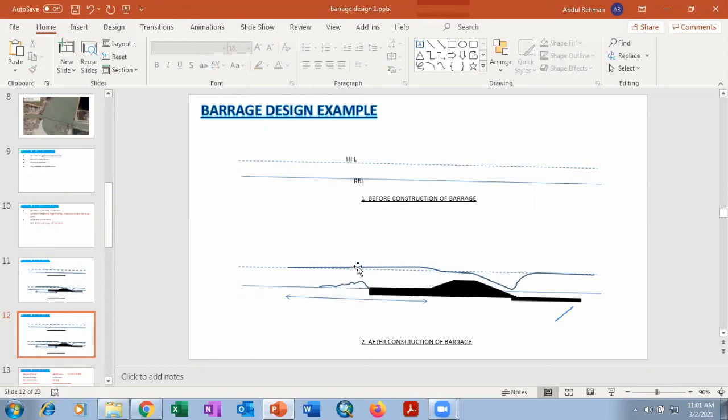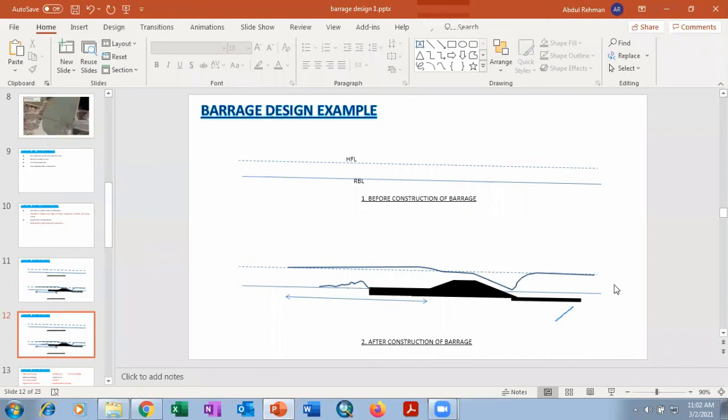So the water having a certain quantity of silt is settled here, and the water which is passing over the weir crest now has a lesser quantity of silt. And the water passing downstream of the concrete floor obviously has a lesser quantity of silt. The river flows were originally carrying a certain quantity of silt, which is now reduced due to construction of this barrage.